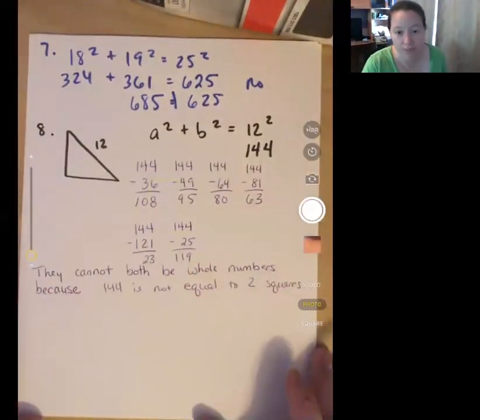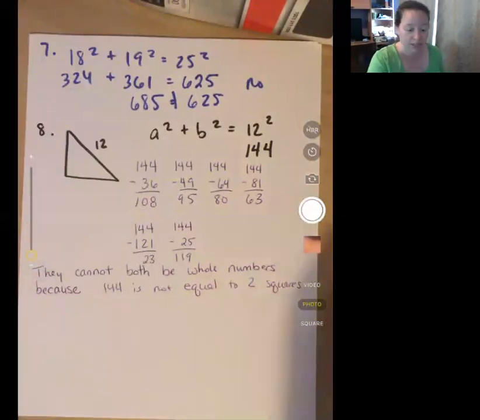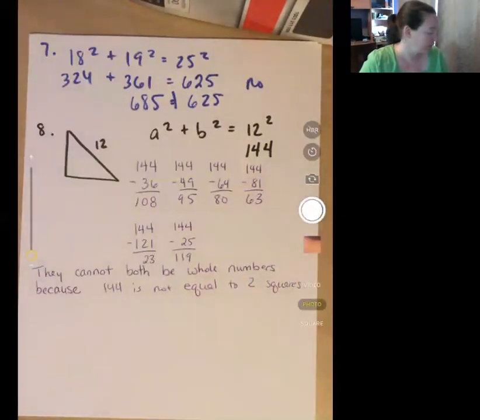Okay, so that's what I'm writing down for this one. They cannot both be whole numbers because 144 is not equal to 2 squares.